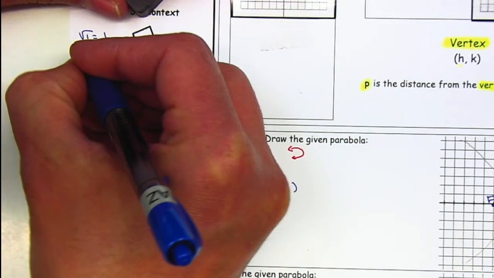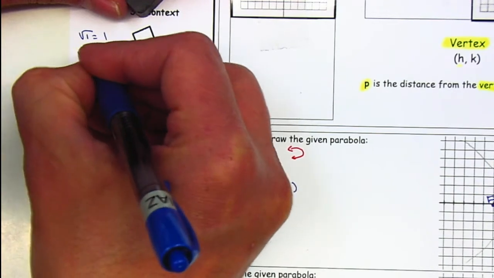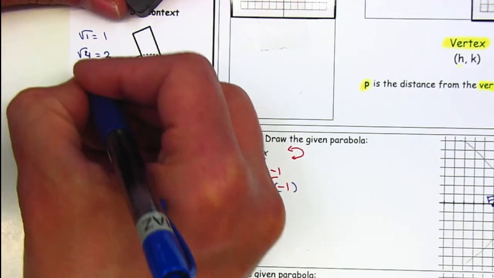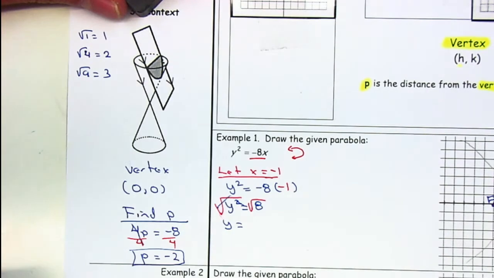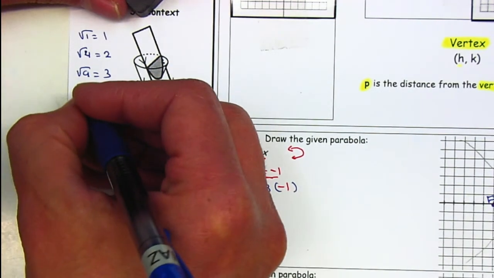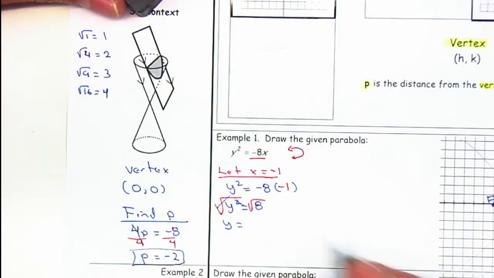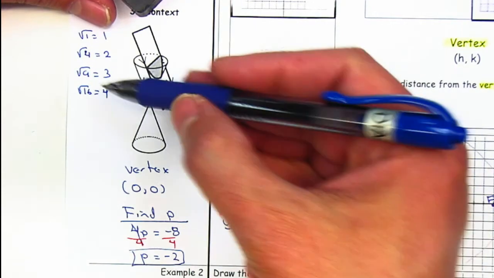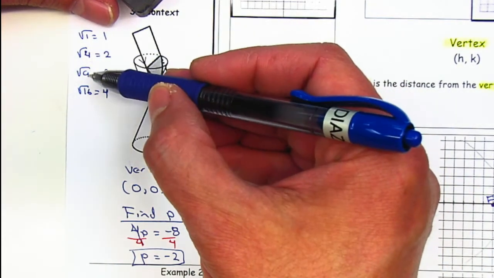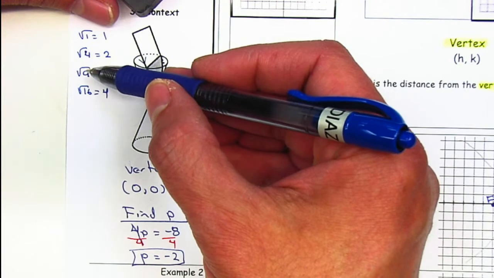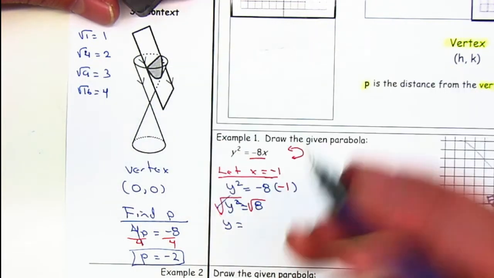The square root of 4 is 2. The square root of 9 is 3. The square root of 16 is 4. So the square root of 8 is between 2 and 3. It's a little closer to 3, so it'll be about 2.8, 2.9.